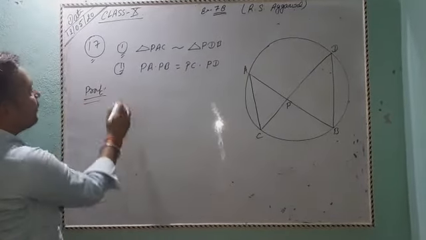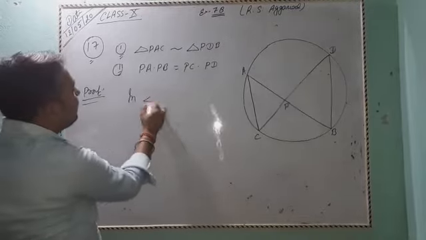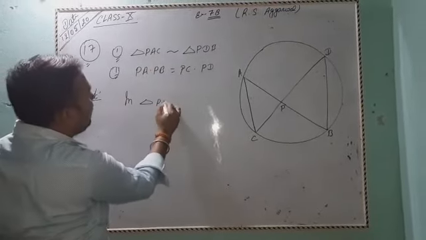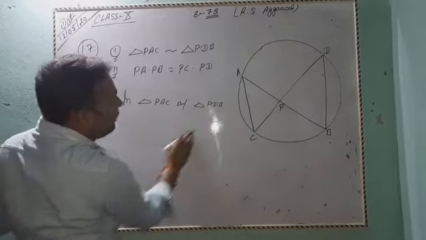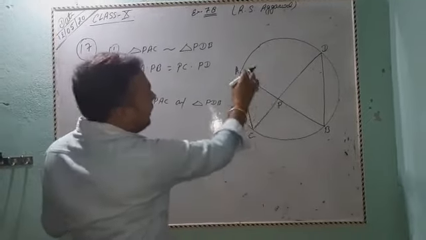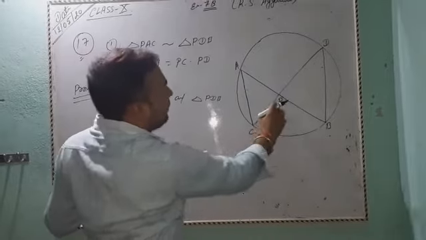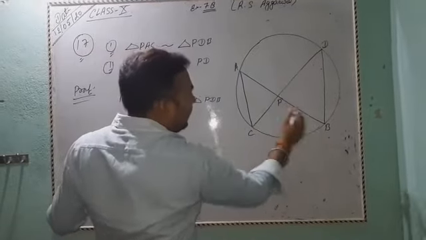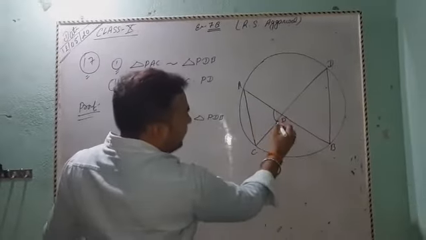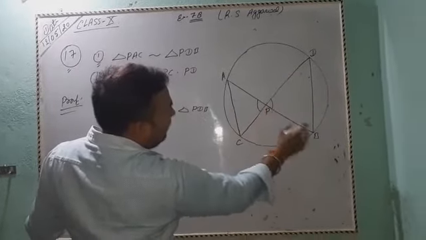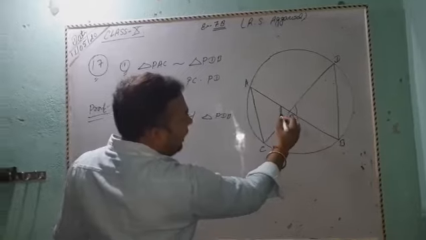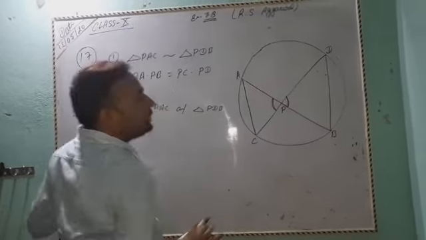Proof. First of all, in triangle PAC and triangle PDB, these angles APC and BPD are vertically opposite angles.